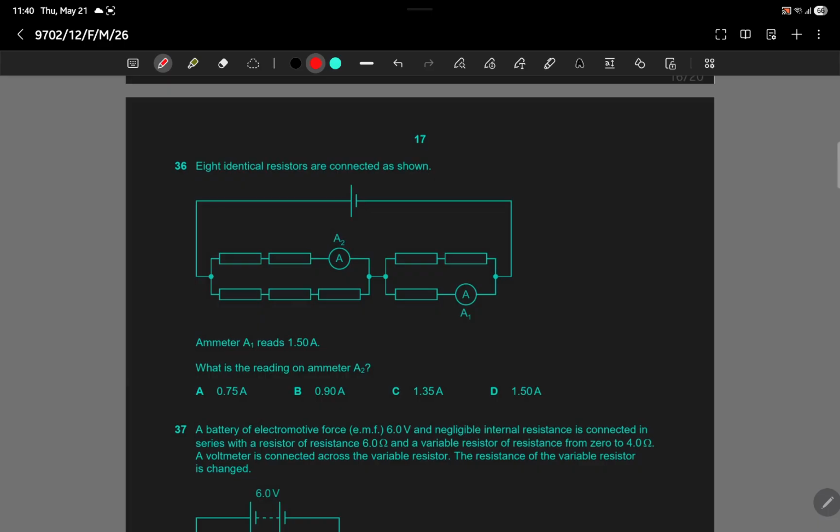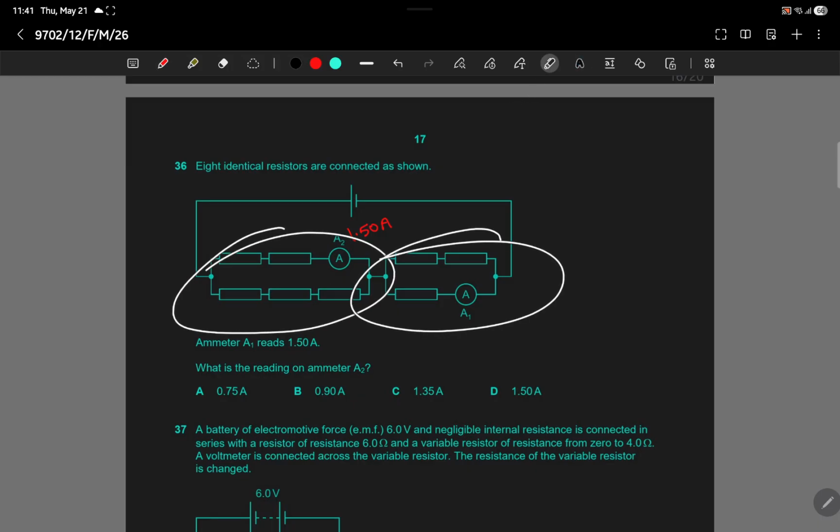So the reading on ammeter A1 is 1.50 amps. The entire circuit consists of 2 sections, right? This whole thing is one section, this whole thing is another section.